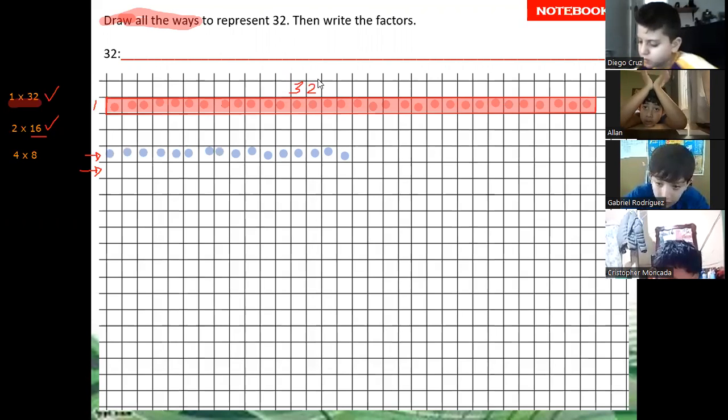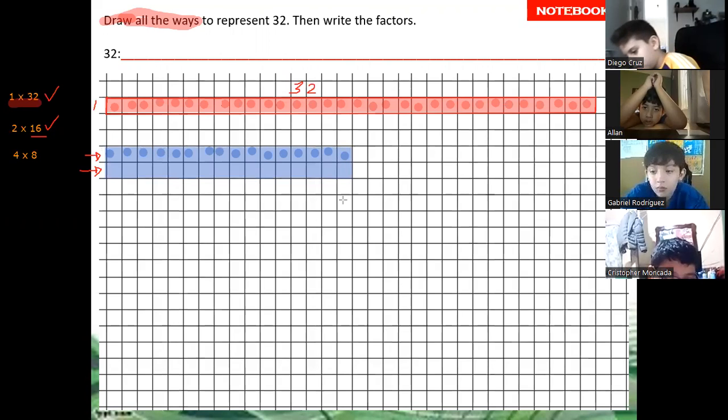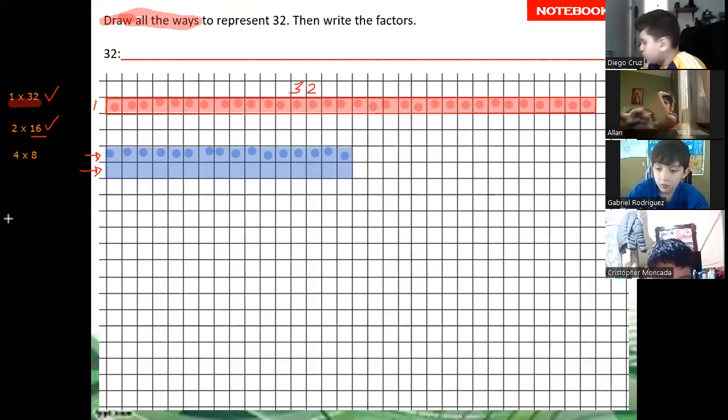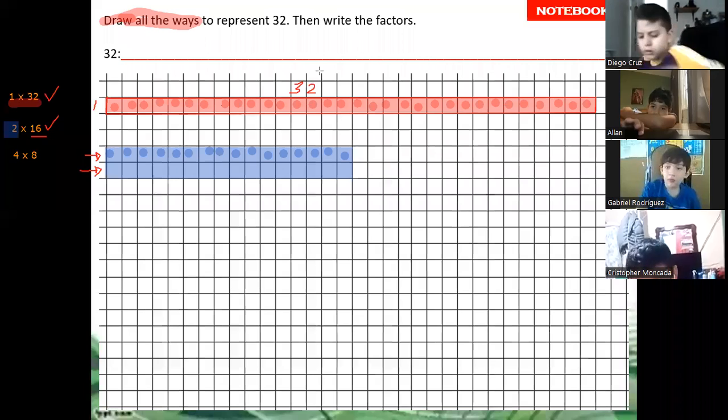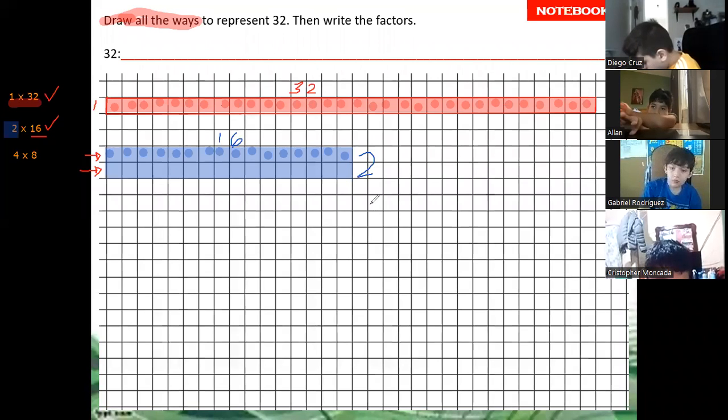I stop there. Now I am going to draw a rectangle, but with 2 rows, because that's what my multiplication told me here, 2 times 16. So here is 16, and this one is 2.